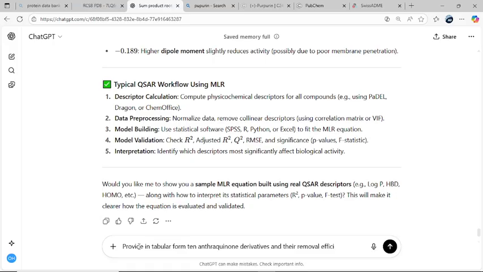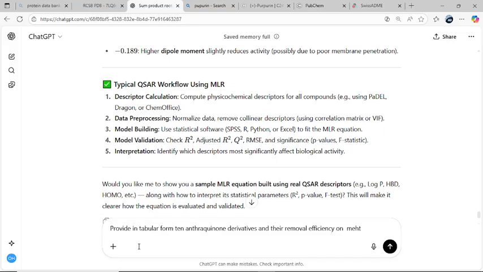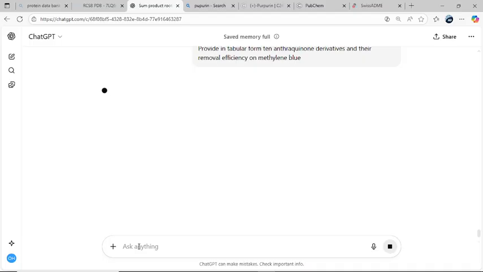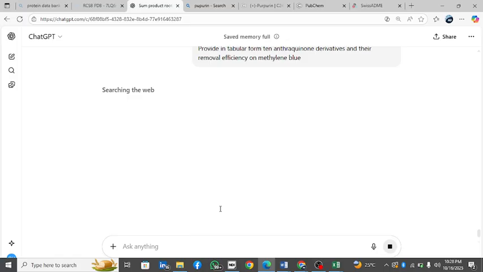You must have an answer on methylene blue. So let's see. You must have an answer, definitely.